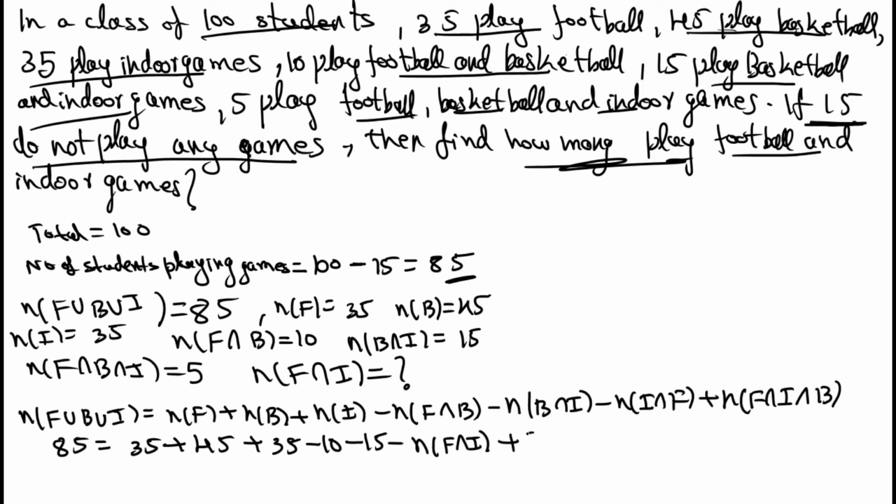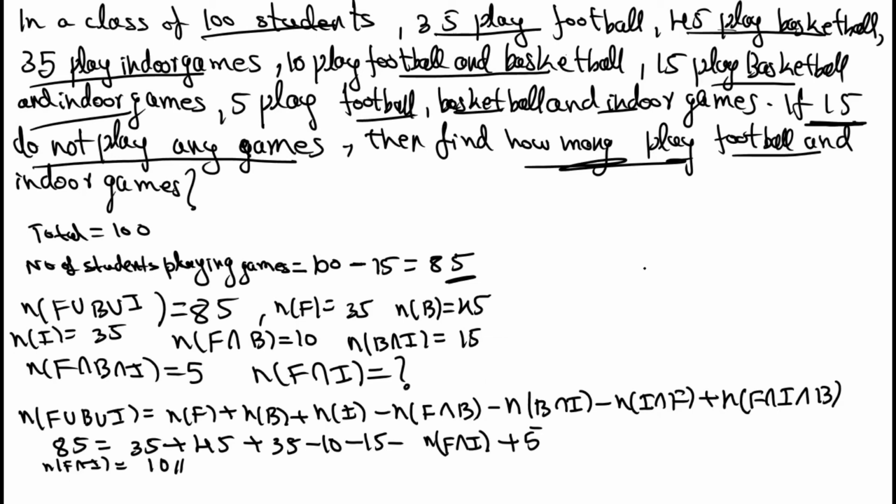Now simplify, taking the value to the other side. n of F intersection I is equal to 35 plus 45 plus 35 minus 10 minus 15 plus 5, and simplifying we get 10. Therefore n of F intersection I is equal to 10.